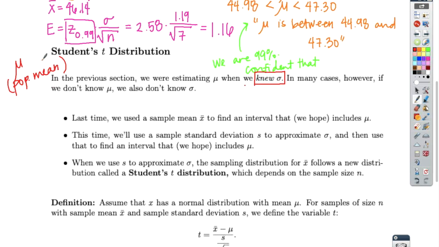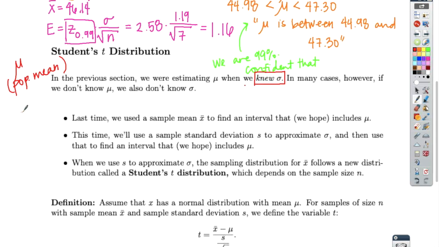Like in the real world, you're not given a nice textbook problem like you are in a statistics class, where you have someone writing the problems for you. So in this section, things get a little bit more real. We don't have the population mean, and realistically, we probably also wouldn't have the population standard deviation. So that's where we are now.